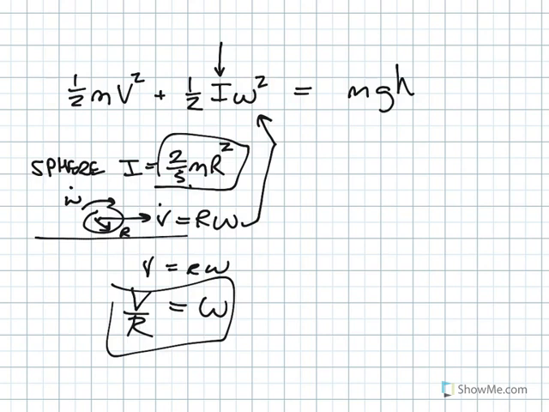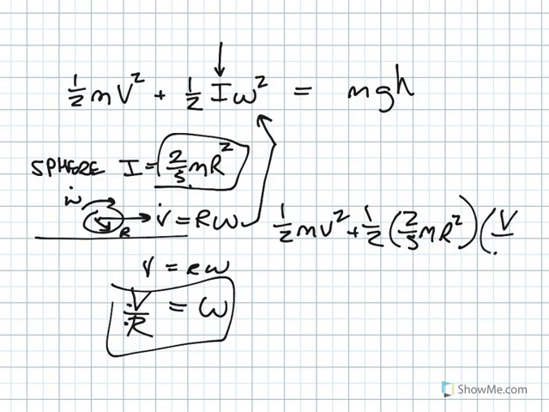So we have 1/2 mv squared plus 1/2 times the I, which is 2/5 mr squared, times omega squared, which is v over r, quantity squared. And then that is equal to mgh.